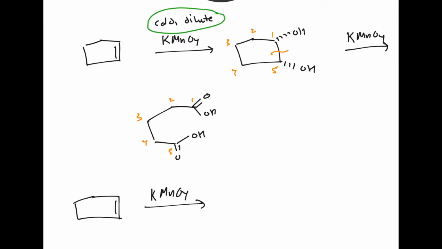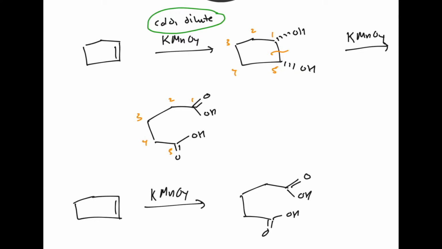So now it's going to react with the diol, and you can, in one step, break your double bond and get to the acid because you've added an excess of KMnO4, or you've added just a lot of it.